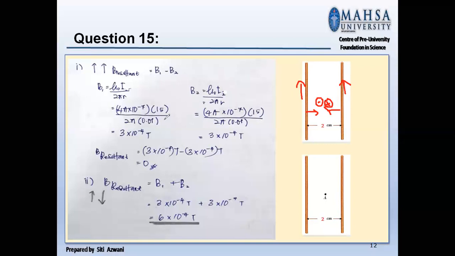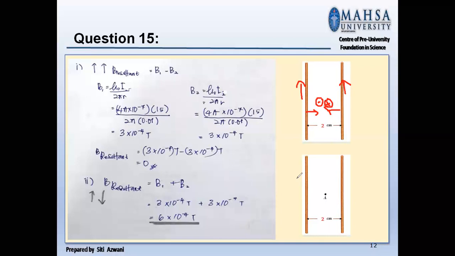It doesn't matter because you have the same value, but it depends on your question. You have the same value here for B1 and B2. So if you minus, you get 0. So you can cancel the B. So B is equal to 0.